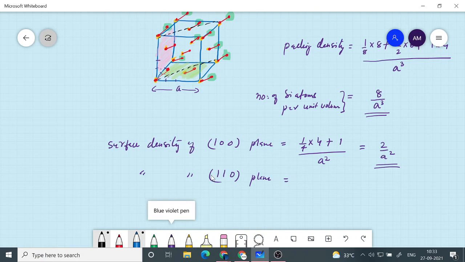So for silicon, the surface density of 110 is going to be the highest. So it's not really clear and visible.